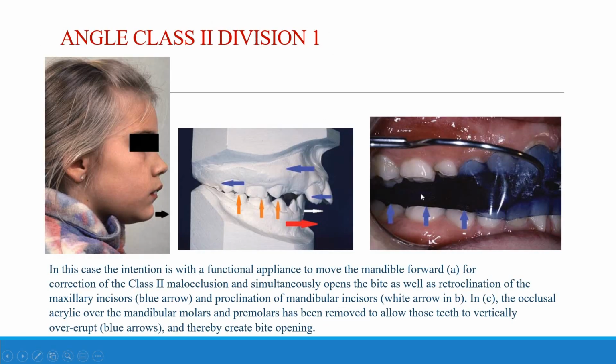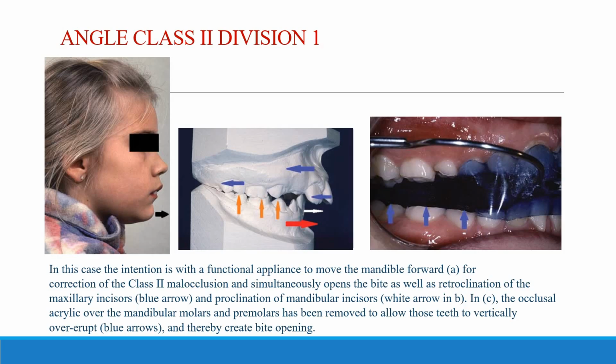During mixed dentition, a functional appliance producing orthopedic forces can be used, and mostly we use the Andresen activator or twin blocks.